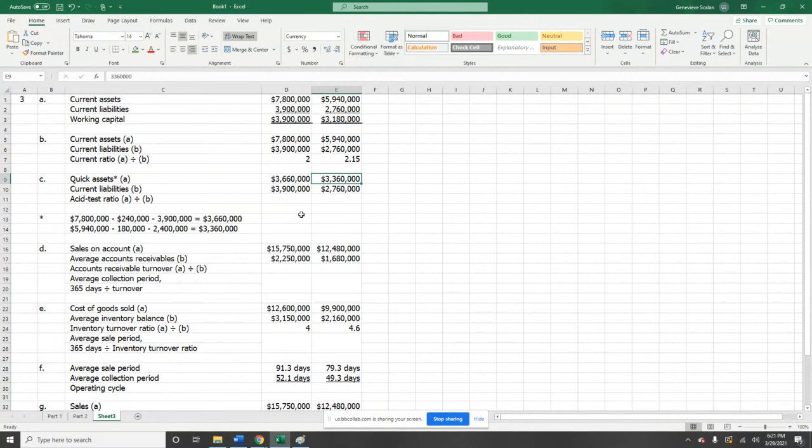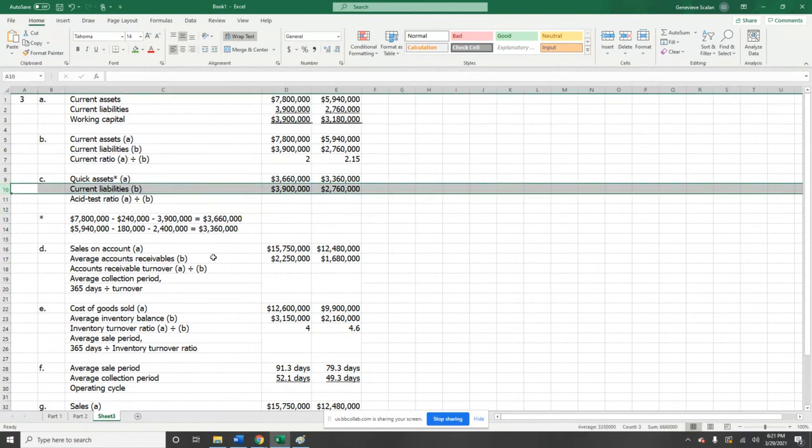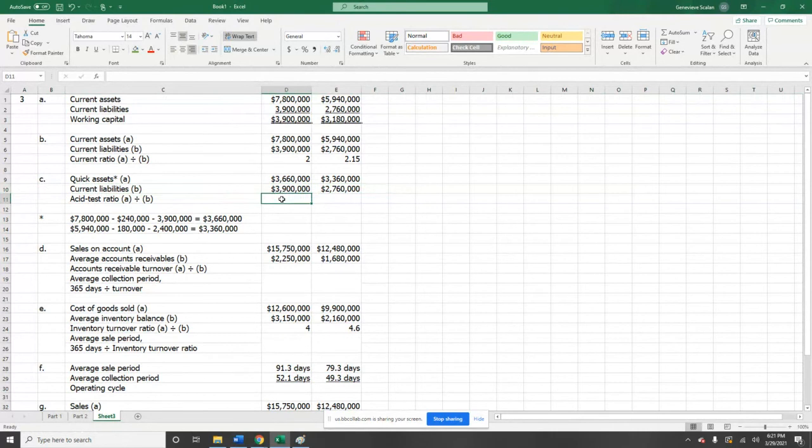So we got a smaller set of assets to work with. Our current liabilities are still the same. We still have to pay them back out of our current assets, but now we're saying, can we pay them back when we exclude inventory and any prepaid, things that aren't really as liquid, right?